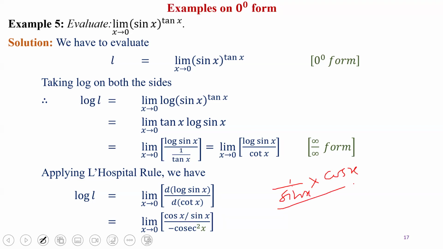So this is nothing but cos x upon sin x. In the denominator, the derivative of cot x is nothing but minus cosec square x, which gives us log L equal to cos x upon sin x whole divided by minus cosec square x.